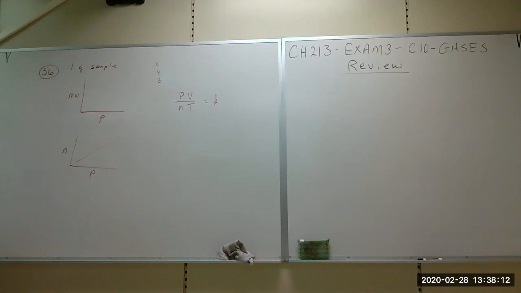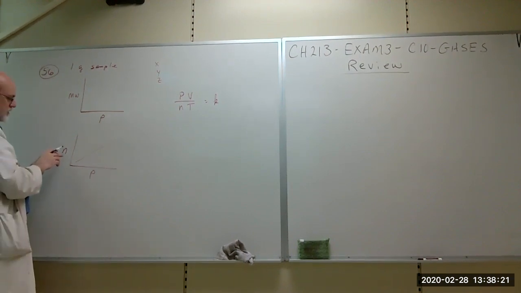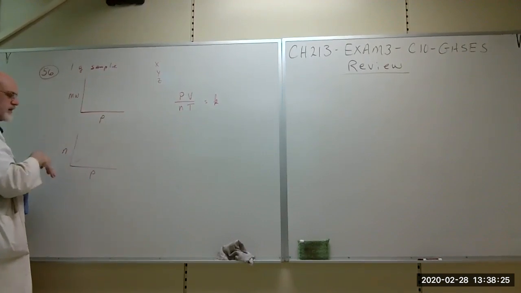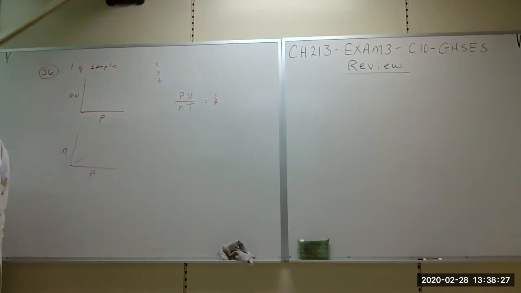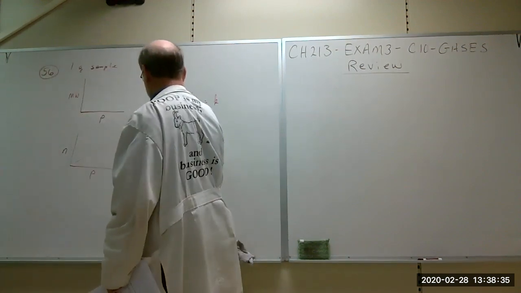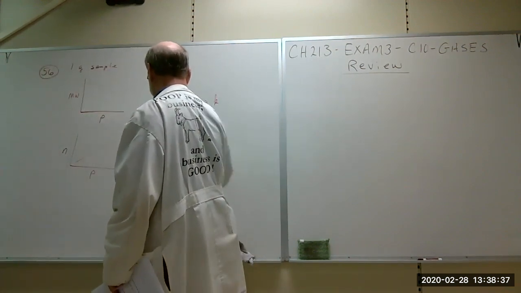But if we hold the mass constant for each of these gases, then as the number of moles increases, the molecular weight would have to decrease, because they're inversely proportional. Let's look at it this way. Molecular weight is grams per mole, right?